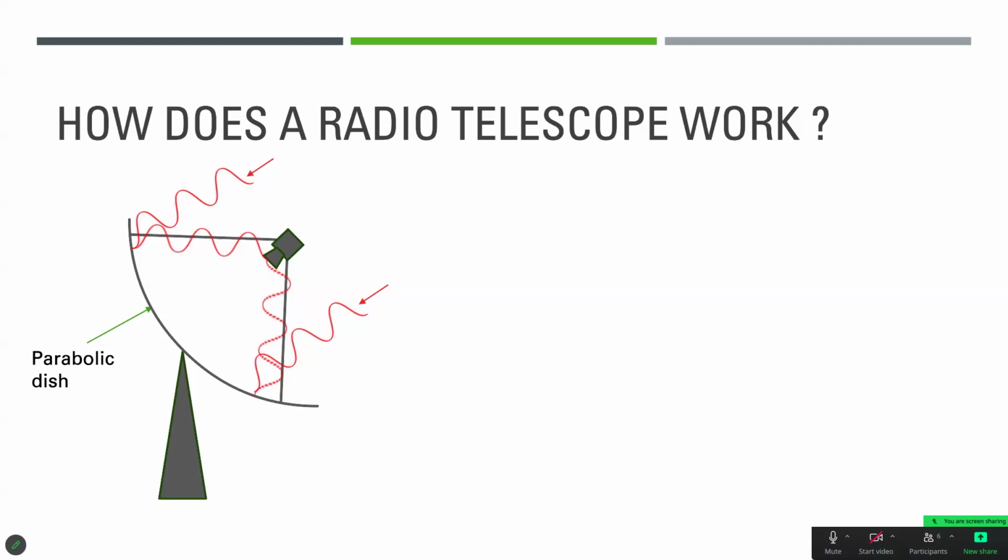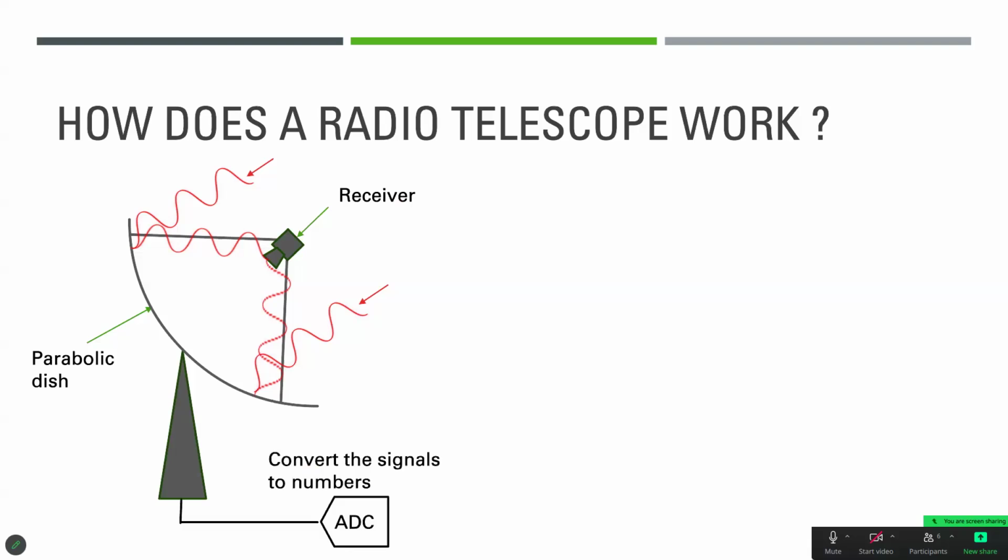You can think of it like AC current coming out of a power outlet. It's a bunch of electricity that oscillates in time at the same frequency as that radio wave. Then we need to turn it into something a computer can read, so we convert those signals into numbers with this fancy thing called an analog to digital converter, or ADC for short, that turns this signal into data, right?